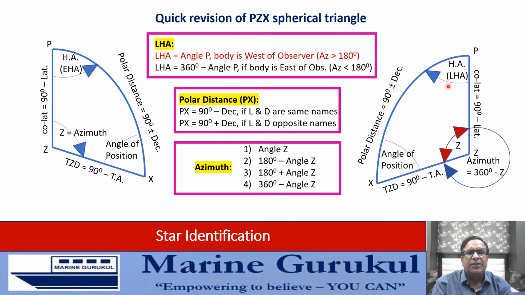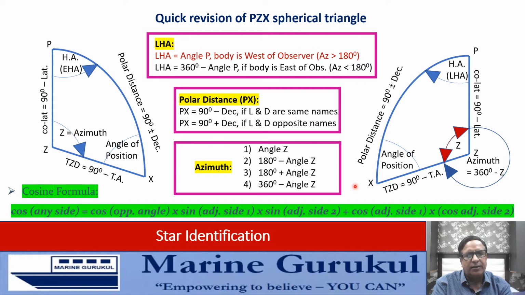If we make the PZX triangle with the south pole, we could have the other two options also coming up, wherein azimuth may be 180 degrees minus angle Z, or azimuth may be 180 degrees plus angle Z. So based on the PZX triangle, we can decide what is the relationship between angle Z and the azimuth.